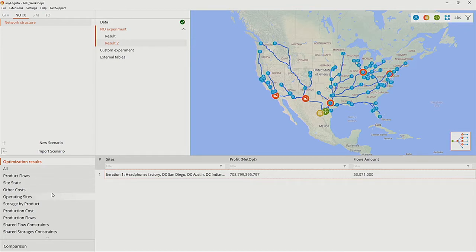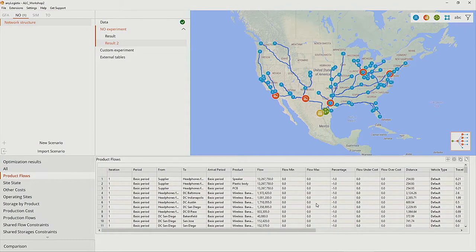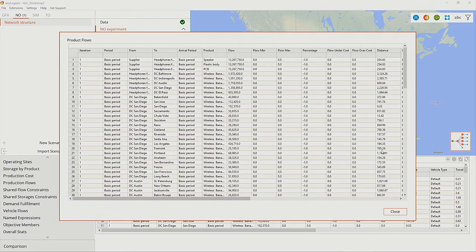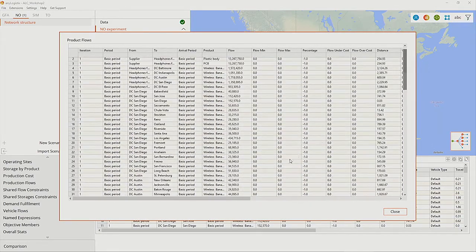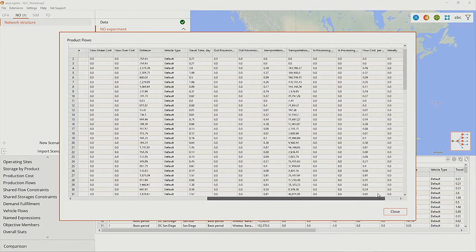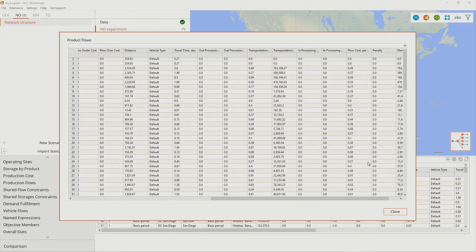If we explore results of network optimization, we will see all the flows that happen in this model. Here there are the flows, their values, and associated parameters and costs.